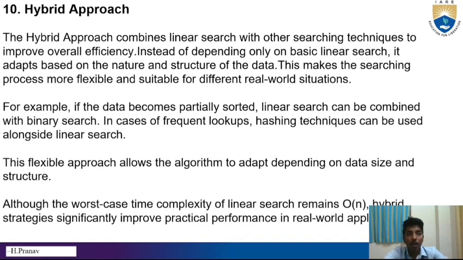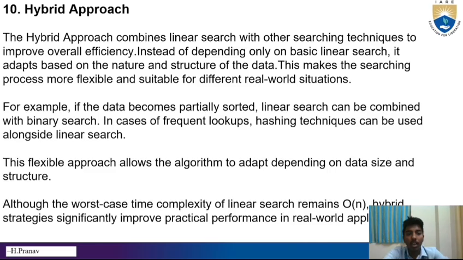And the final optimization technique is the hybrid approach. The hybrid approach combines linear search with other searching techniques to improve overall efficiency. Instead of depending only on basic linear search, it adapts based on the nature and structure of the data. This makes the searching process more flexible and suitable for different real-world situations.